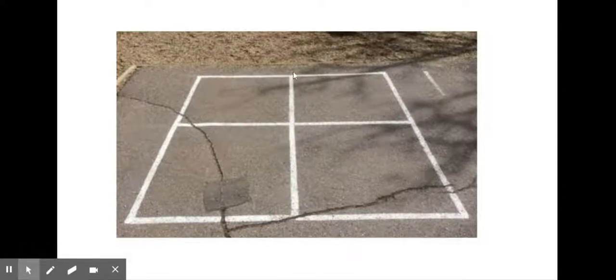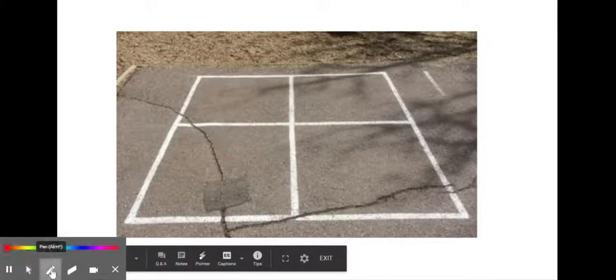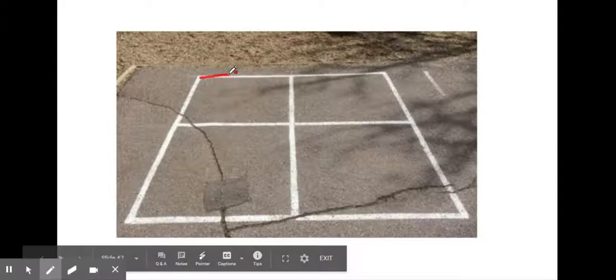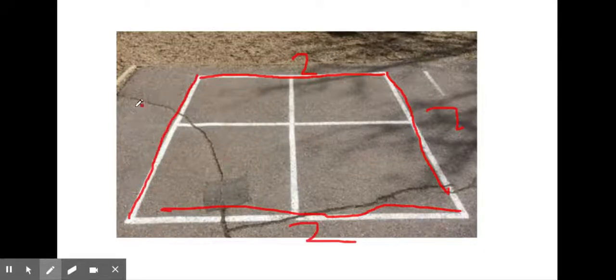So here to here, that's 1 unit, 2 units. As you're following my mouse, 3, 4, that's another 2, 5, 6, another 2, 7, 8.